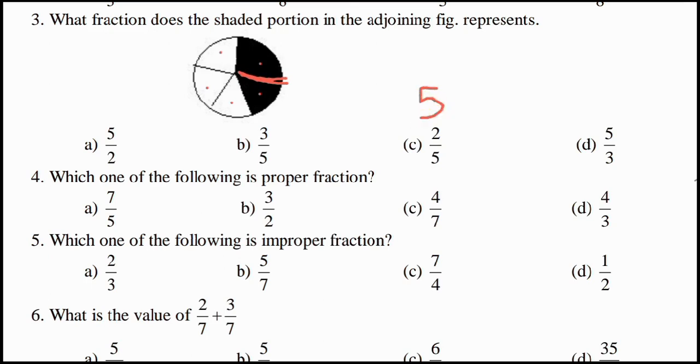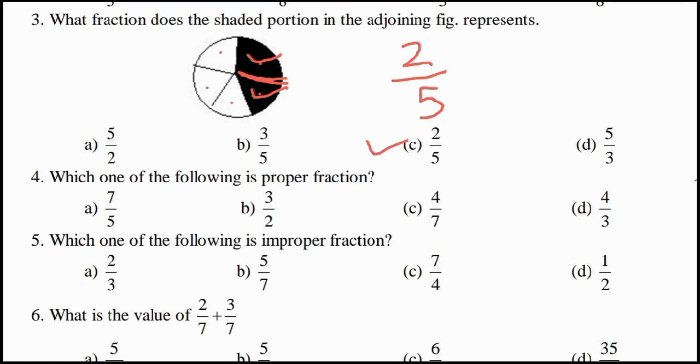So total parts are 5. Out of these 5 parts, 2 parts are shaded. So it is 2 upon 5 and here it is C. So correct answer is C, 2 upon 5.